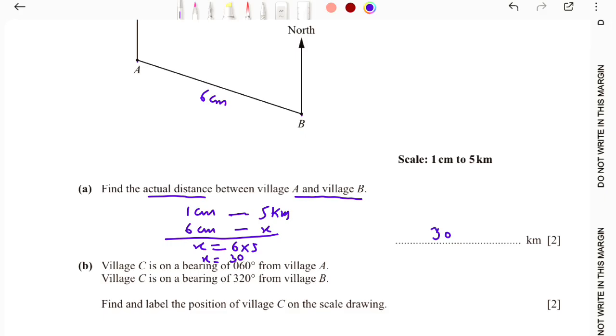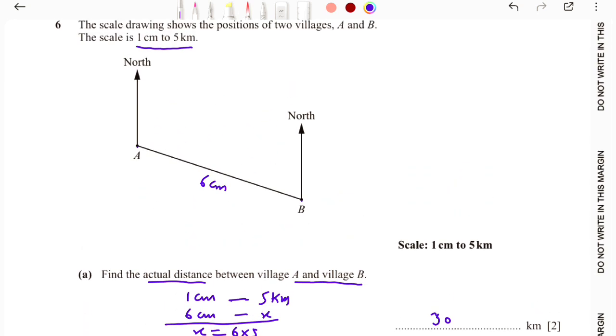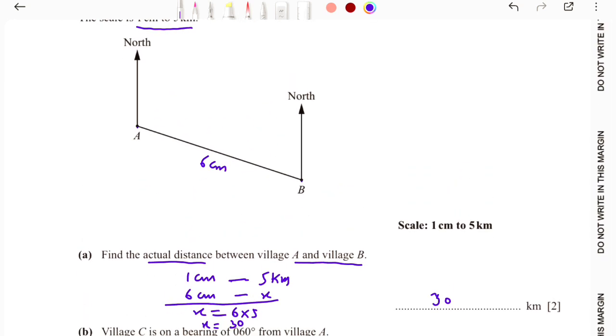Next part. Village C is on the bearing of 060 degree from village A, and village C is on a bearing of 320 degree from village B. Find and label the position of village C on the scale drawing. Students, we have to use protractor here.